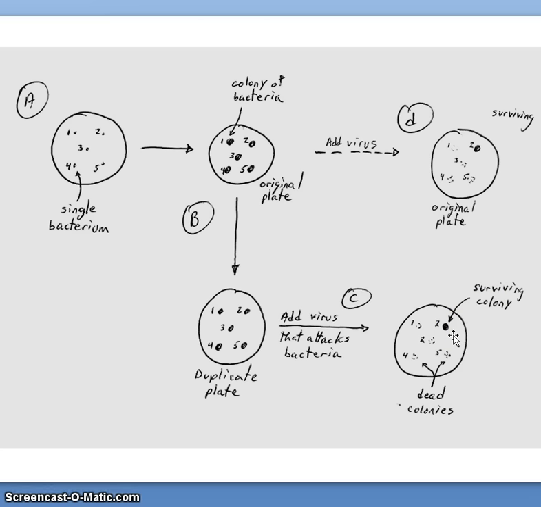Rather, the virus was selecting from among variation on the plate, variation among these bacteria colonies. The virus selected those colonies that were resistant to the virus, destroying the other colonies. And the reason why it was always a matching colony on these two plates is because that variation was present at the beginning of the experiment, before the virus was even introduced.